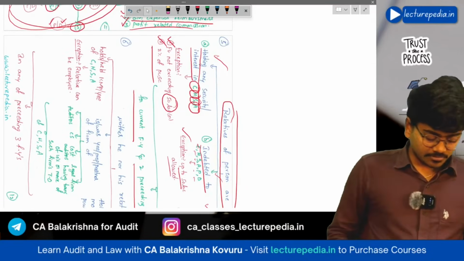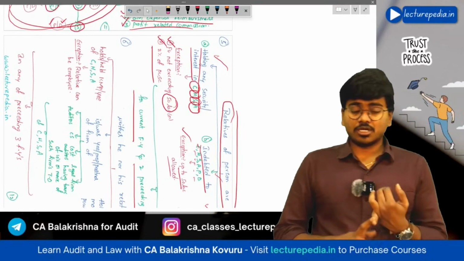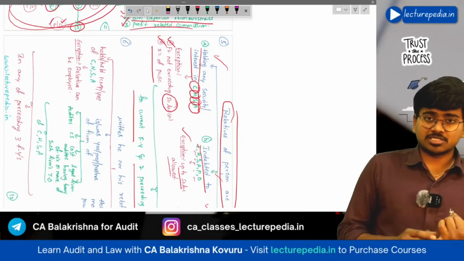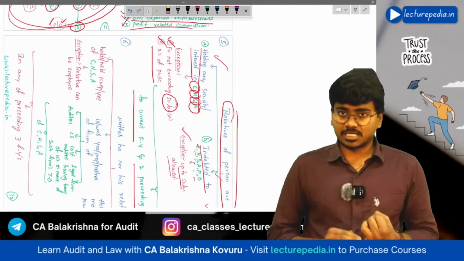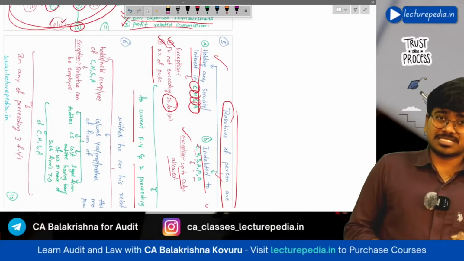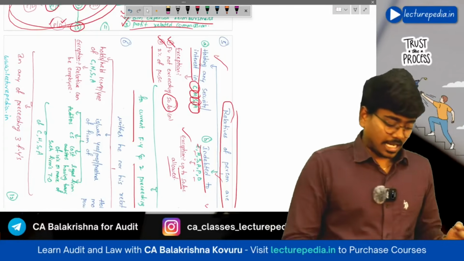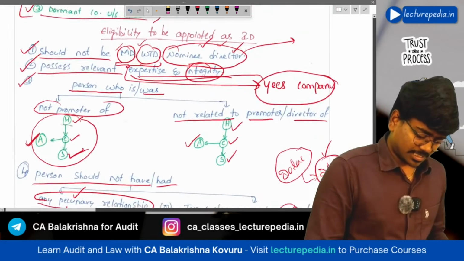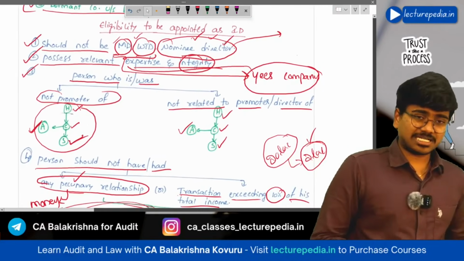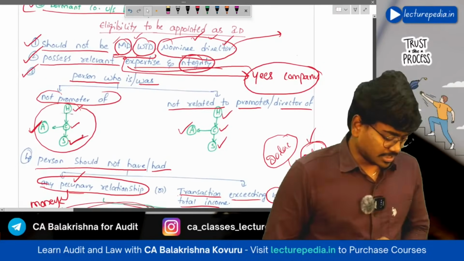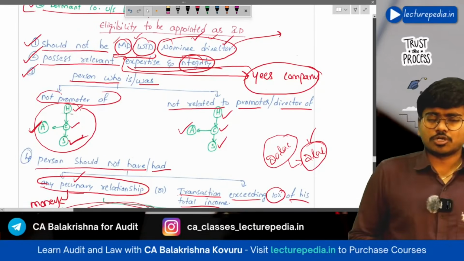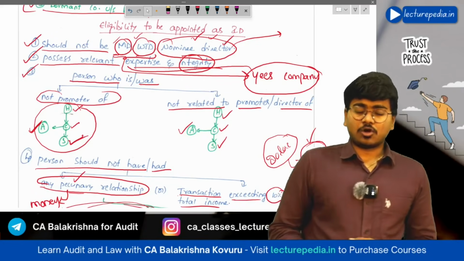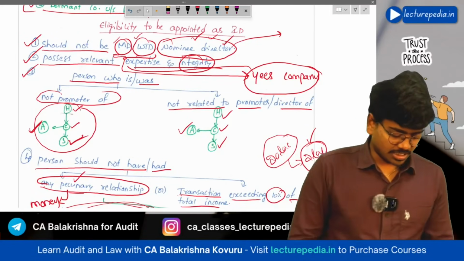So here, first of all, the person whom you are going to appoint as independent director should not be a managing director, whole time director or nominee director in the company. Next, he should possess integrity and he should be an expert. He should have the expertise to be appointed as independent director. Next, that person should not be a promoter or related to the promoter or director of the company, holding company, subsidiary company, associate company.